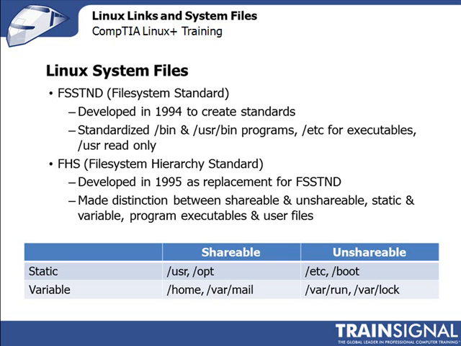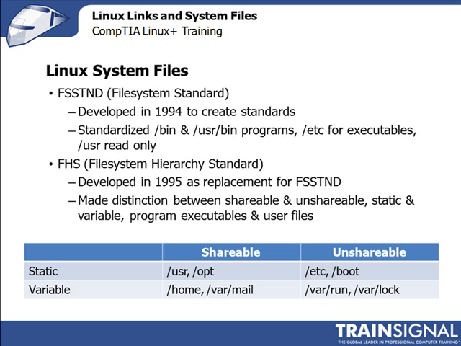They soon found that the limits of the File System Standard were being reached. That led to the development of the Filesystem Hierarchy Standard, or FHS, which was developed around 1995. A distinction was made between shareable and unshareable files, static and variable files, program executables, and user files.